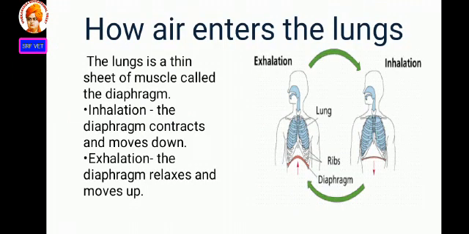The next one, how air enters the lungs. Below the lungs is a thin sheet of muscle called the diaphragm. Inhalation and exhalation are the two things involved here. Inhalation: the diaphragm contracts and moves down.